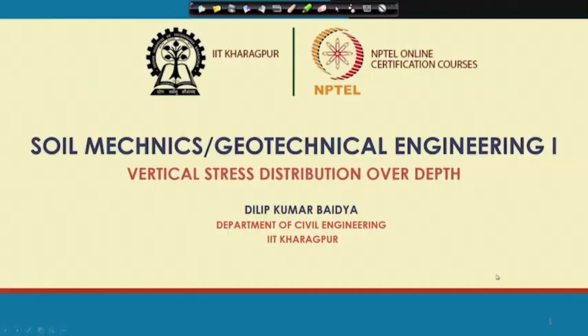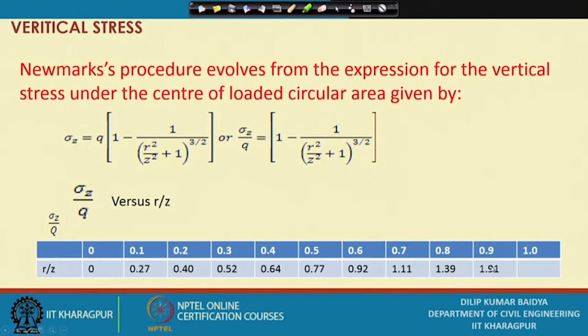The method we use for this is Newmark's influence chart. For this, what we have already done for the circular loaded area is integrated, and finally we get an expression: sigma z equal to q times 1 minus this term. Now, I can simplify it as sigma z by q.